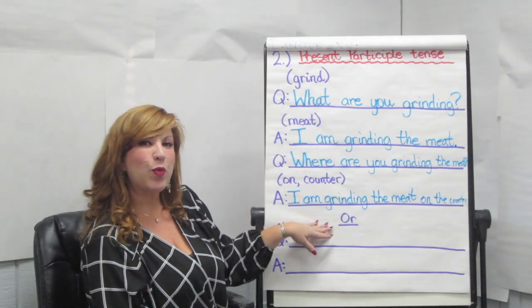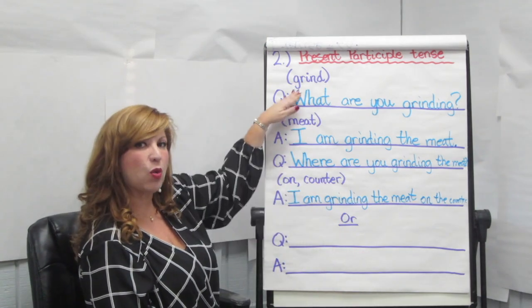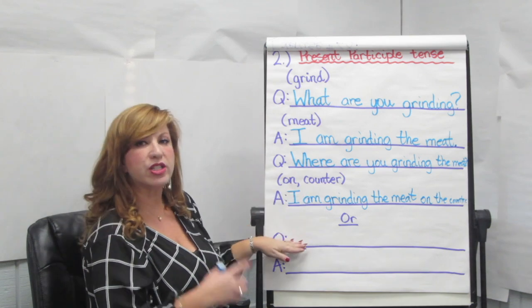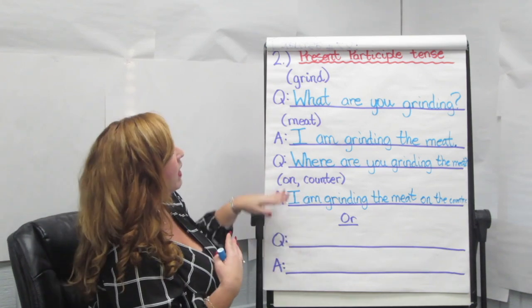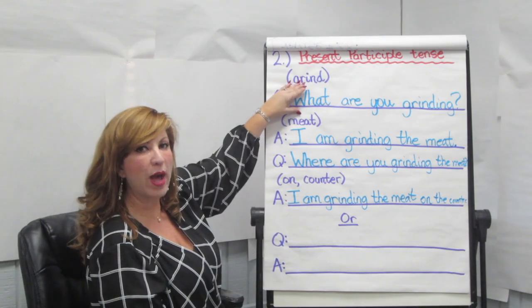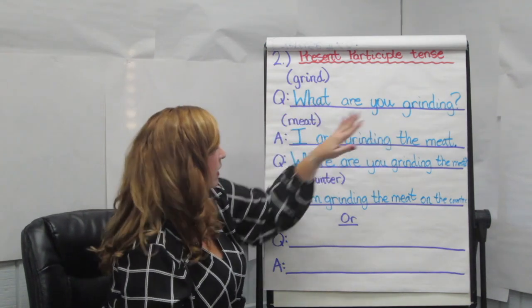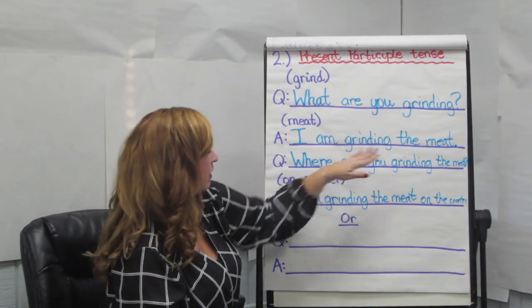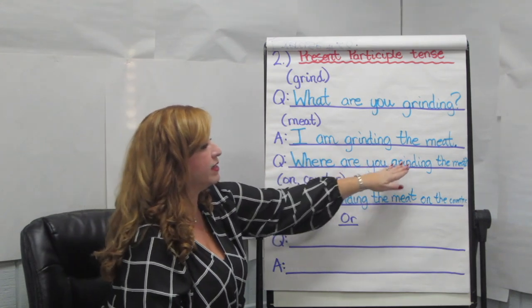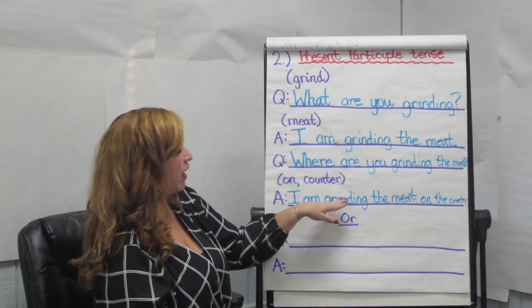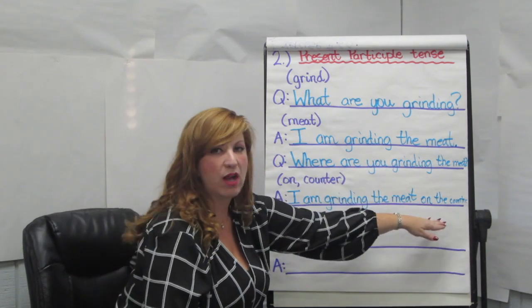So when we combine both of these questions, we're going to just make one. So again, we have to address the what and the where. What are you grinding? I am grinding the meat. Where are you grinding the meat? I am grinding the meat on the counter.